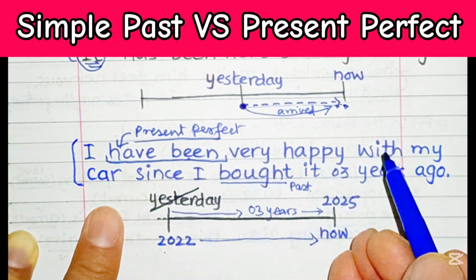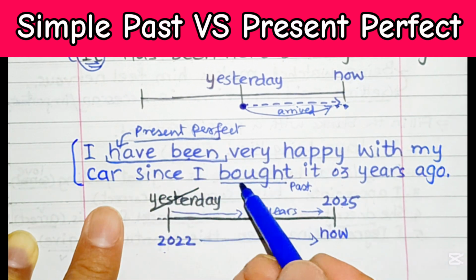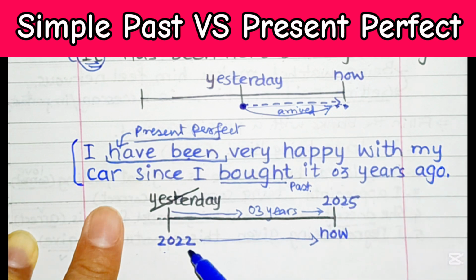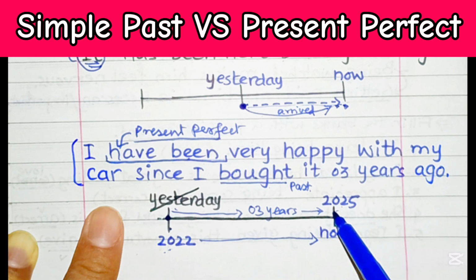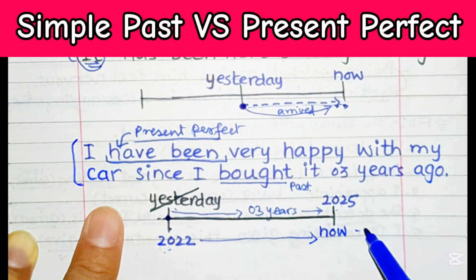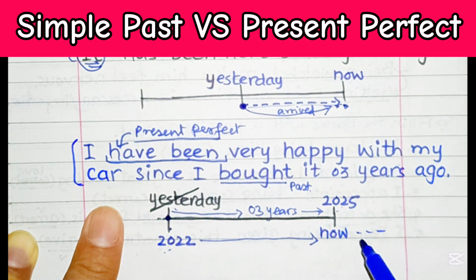I have been very happy with my car since I bought it 3 years ago. So we are talking about something that was bought in 2022, and from here to here I have been very happy, and it is still with me, and I am continuing with it. So this is actually the difference between both of these.